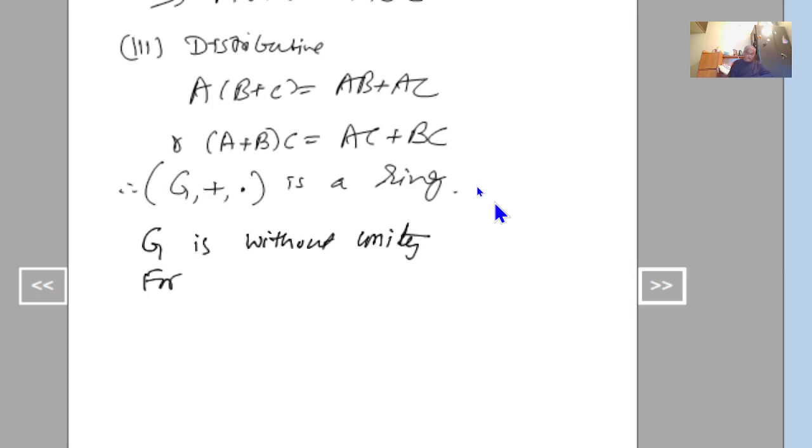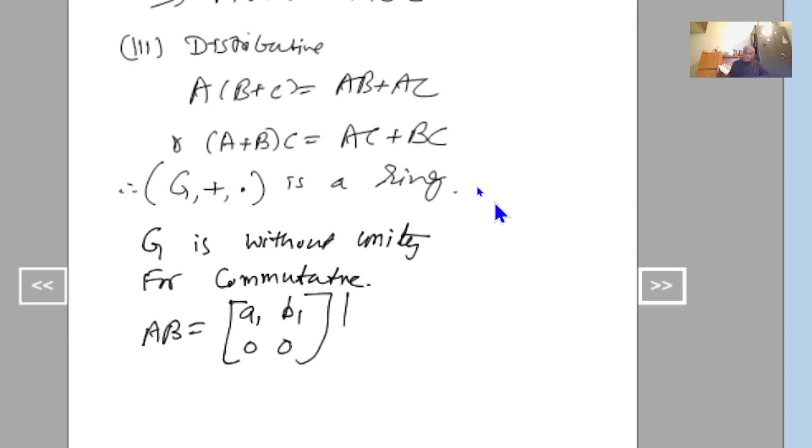And for commutative, let me consider AB. A is A1, B1, 0, 0, and B is A2, B2, 0, 0.